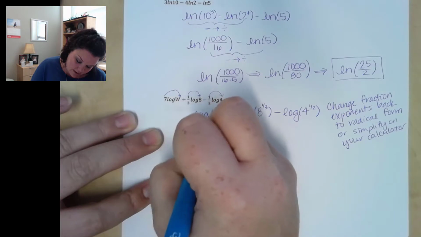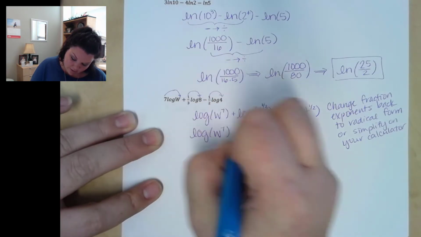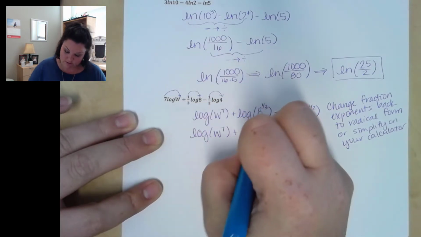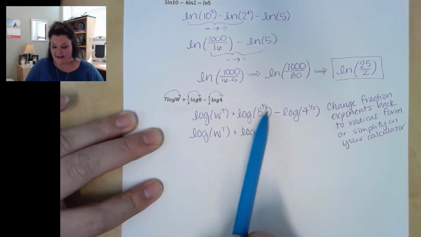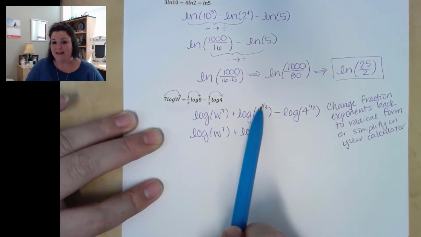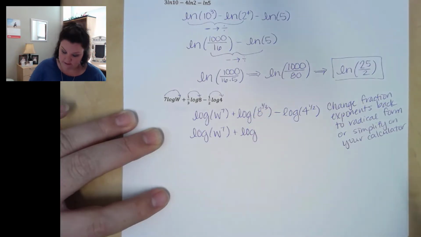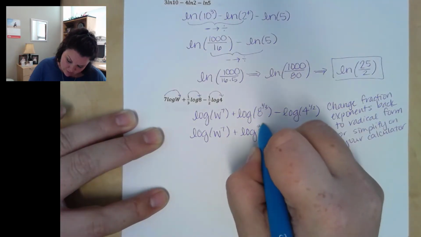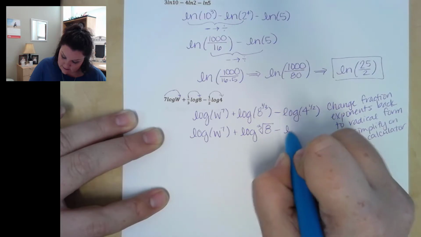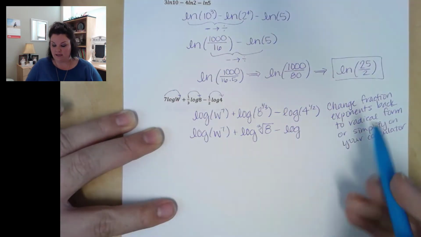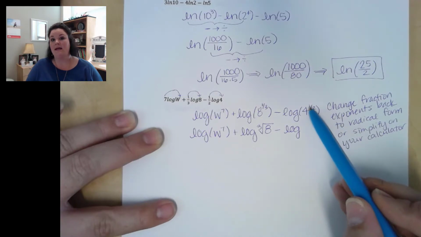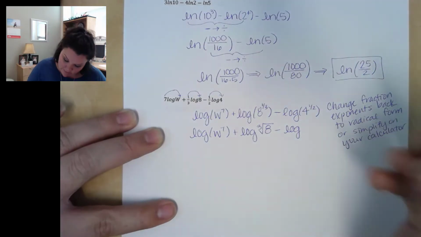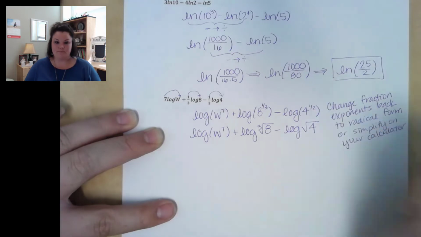So I have log of w to the 7th power plus log of, remember this represents power over root, so I have 8 to the 1st power and I'm taking the cube root of it, so the cube root of 8, minus log, and here again power over root, so 4 to the 1st power, taking the square root of it, so the square root of 4.